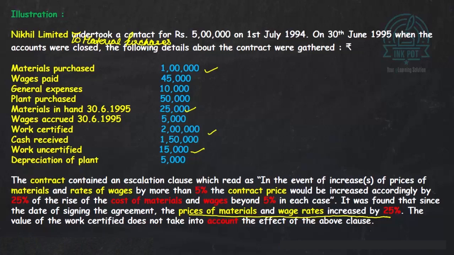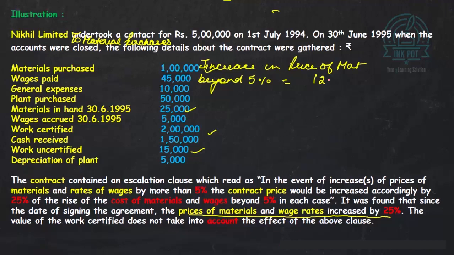So increase in price of material beyond 5% was rupees 12,000 and increase in wages beyond 5% is 8,000.